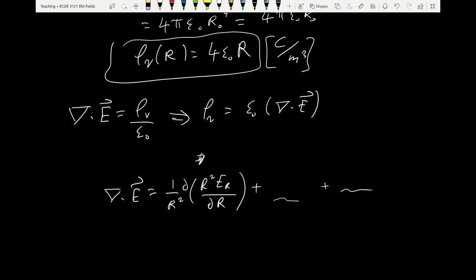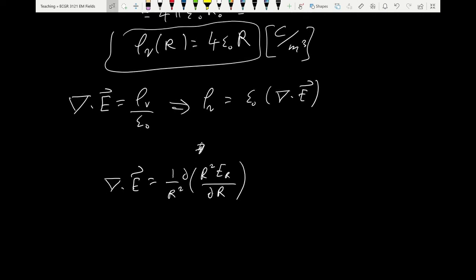You will find that there is no E phi and there is no E theta. So the divergence is going to simplify to just this term, which is something we can calculate.